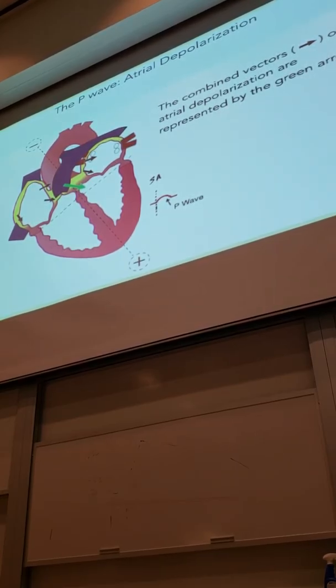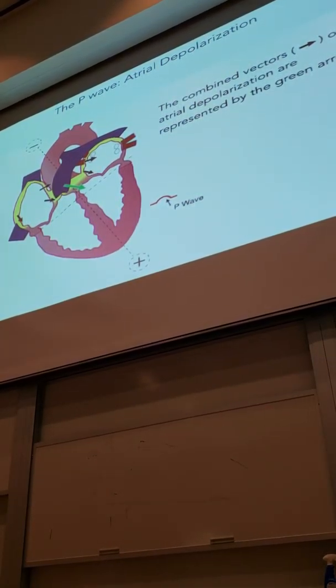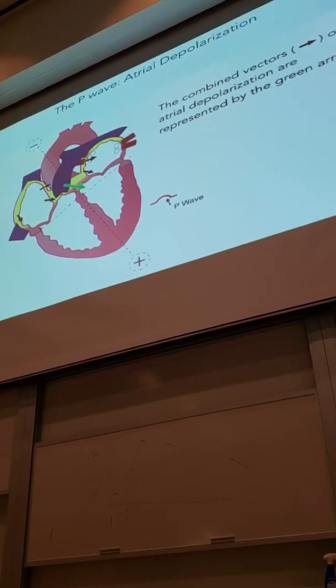If we're just using this as a time scale, okay? But remember, we're not going to see the SA node here because it's too small of a depolarization to affect the EKG. Those action potentials are going to travel through these atrial cells and the internodal pathway, and ultimately we're going to have an action potential arrive at the next part, which is, what's the next part of the conduction system?